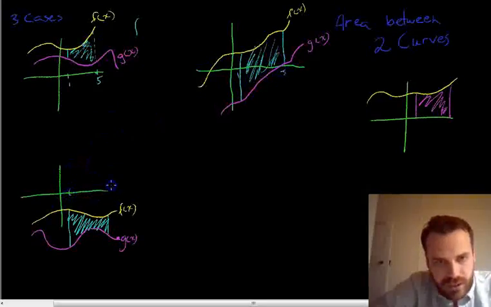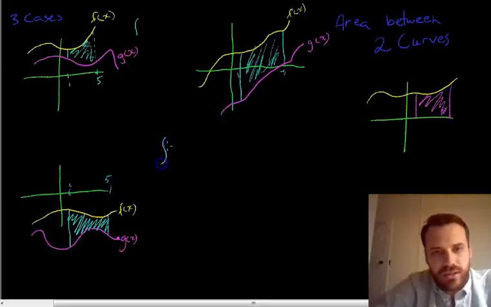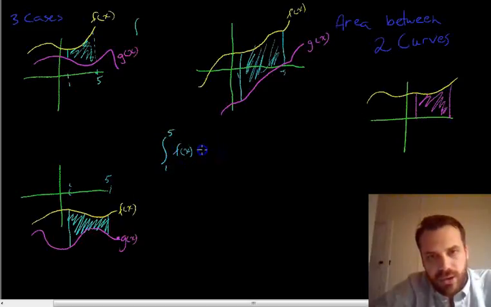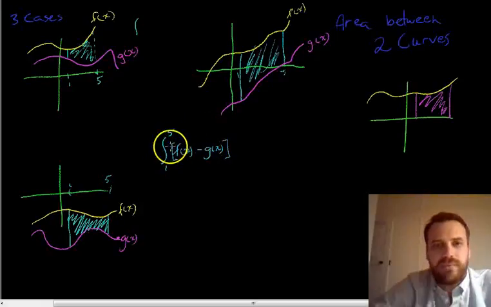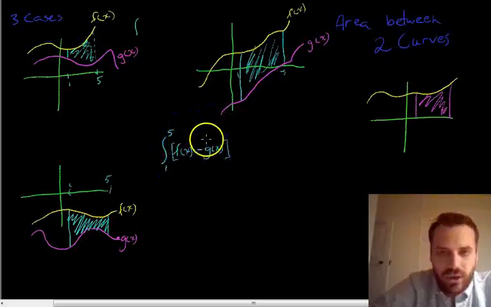That's 1 and that's 5. We find the integral between 5 and 1 of f of x minus g of x. So we find the whole integral of that.